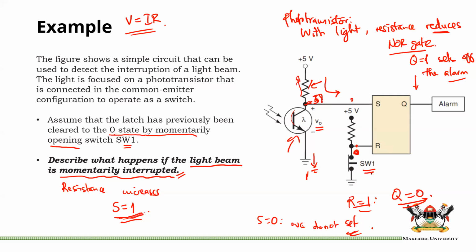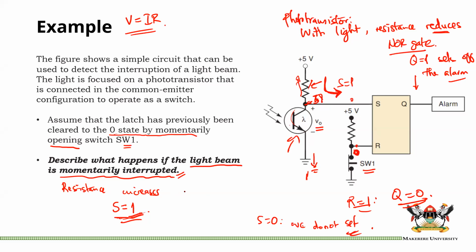So if this was opened momentarily, it has been closed again, meaning the state here is a 0. But because we have interrupted the light here, the resistance of this phototransistor has increased, meaning that now the natural path for the current or the signal is into there, and that is S equal to 1.